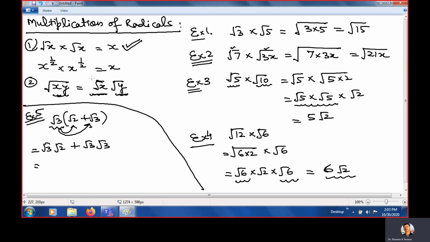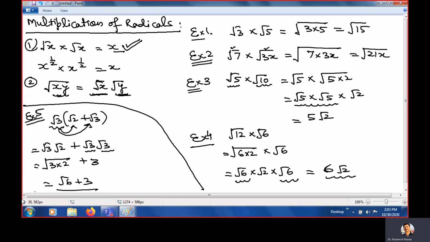Now look, both properties will be used. Square root x square root y is square root xy, square root 3 times 2, plus square root x with the same number square root, so the value will be equal to 3. So it is square root 6 plus 3. That is the answer. Finish.